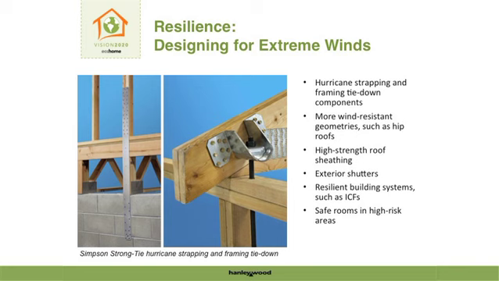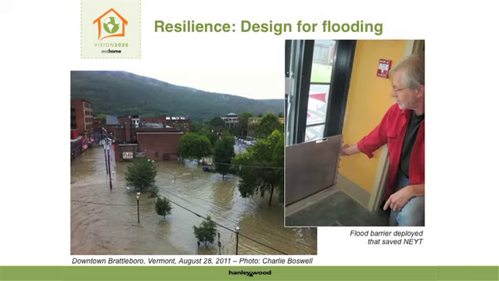Less well known are things like flood barriers. This is another photo. This is downtown Brattleboro a year ago. And behind me, if I'm looking at where I took this photo, and to the right, there's a building, the New England Youth Theater, a theater for kids. And they had recently rebuilt this building really from scratch and did a great job with it.